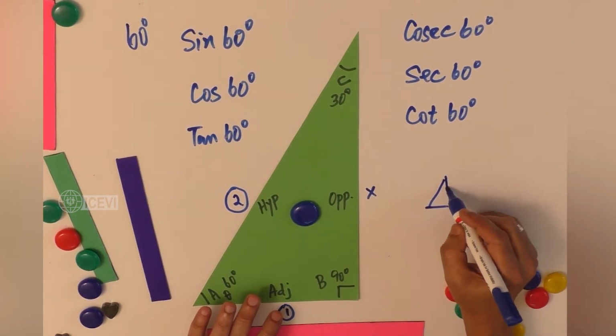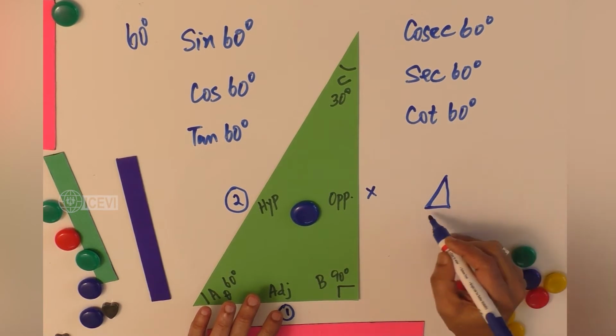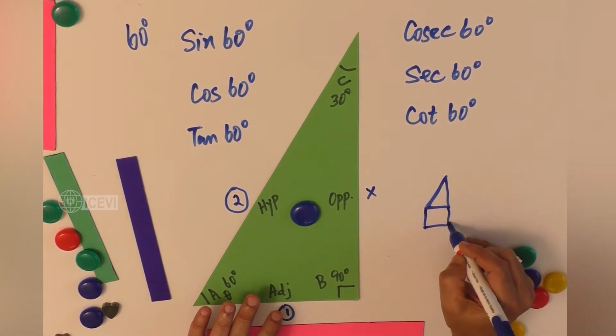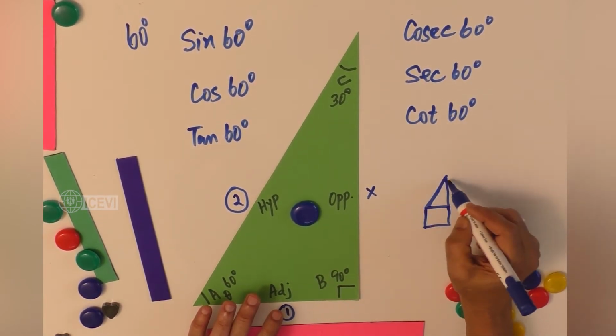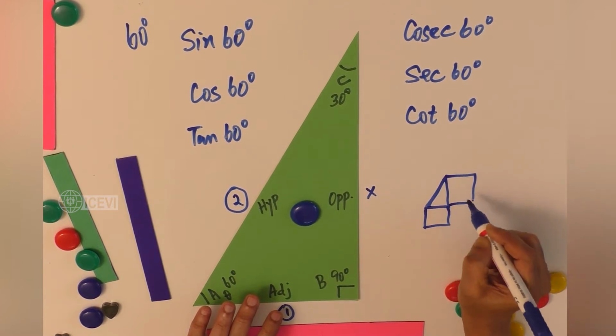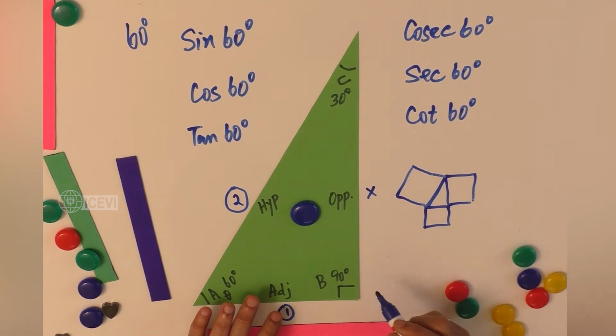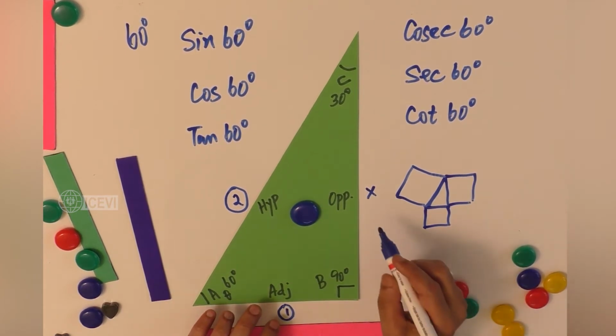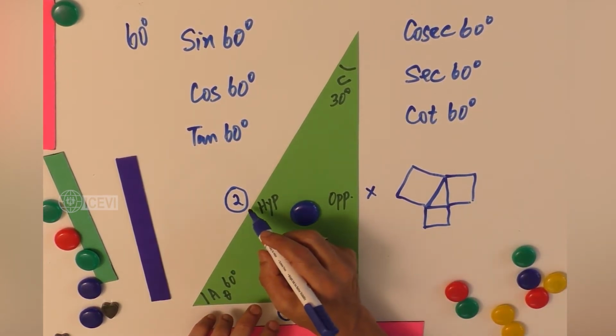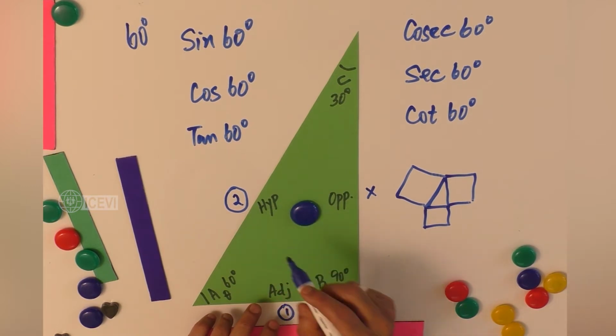What is the Pythagoras theorem? The area of the square on the adjacent and the opposite put together will be equal to the area of the square on the hypotenuse. So here we know the value of the hypotenuse.